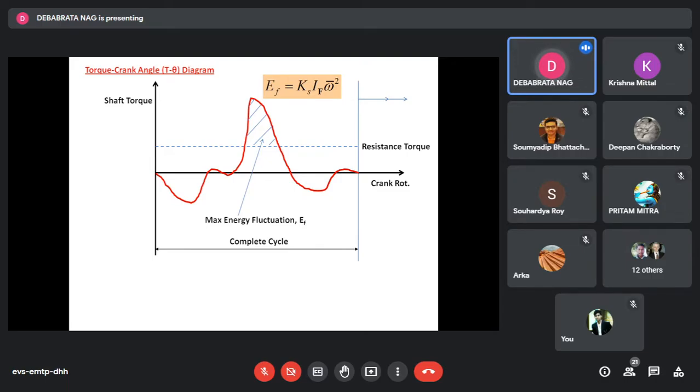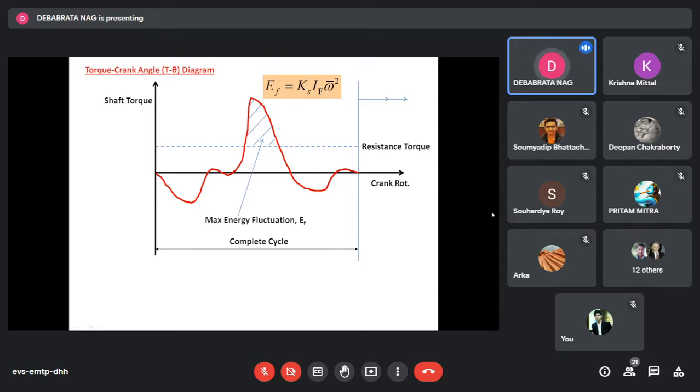We are considering a steady state operation of the engine when the crankshaft is supposed to run more or less at a constant speed. So the resistance torque that this IC engine will face will be more or less the same and independent of the crank rotation.